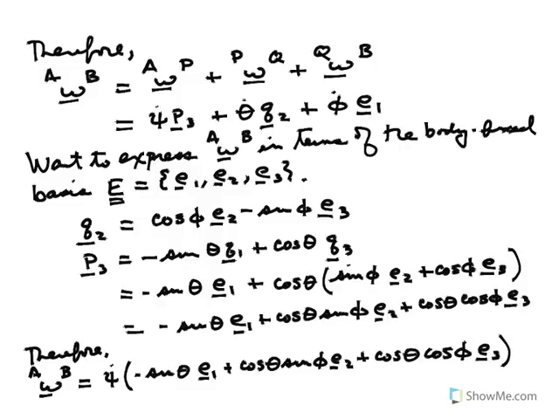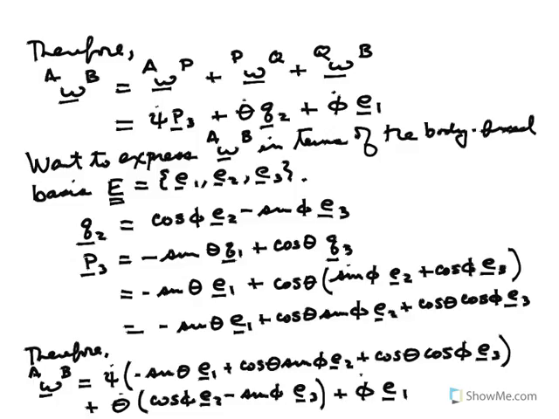And then we've got plus theta dot times Q2. Q2 is equal to cosine of phi times E2 minus the sine of phi times E3. And then finally plus phi dot times E1. As a result, now we can simplify.